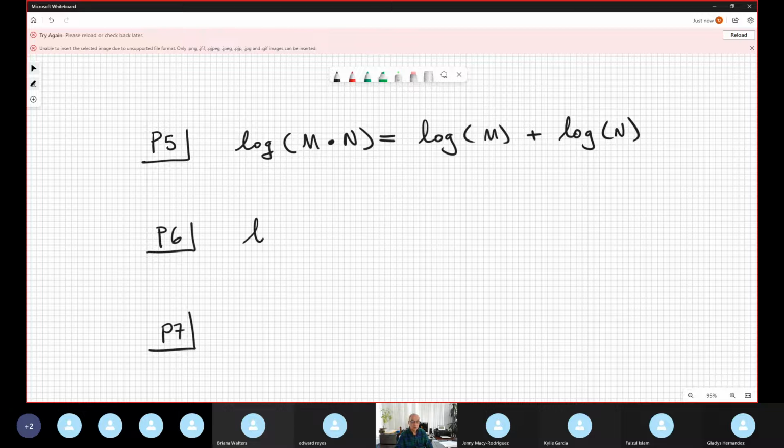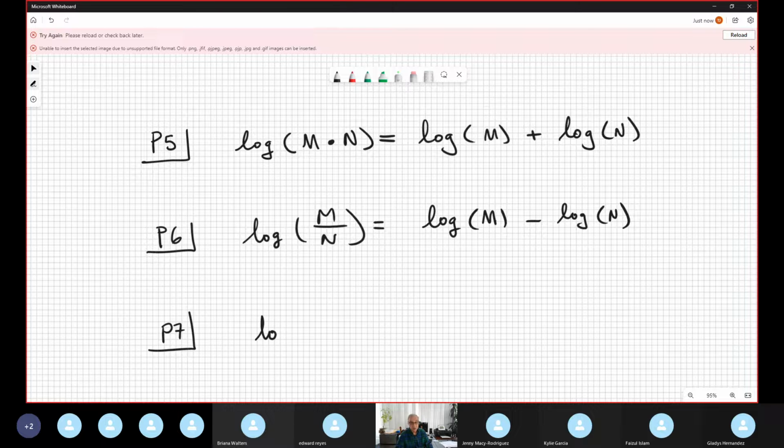Okay, now when this is a division, it is subtraction, where the positive one is the expression in the top, and the negative one is the expression in the bottom. And property 7, in my opinion, is the most important because it's magic. When you have m to the r power, the r, which represents the exponent, flies outside.